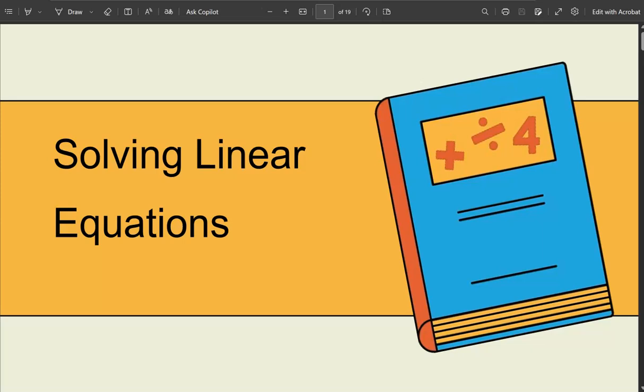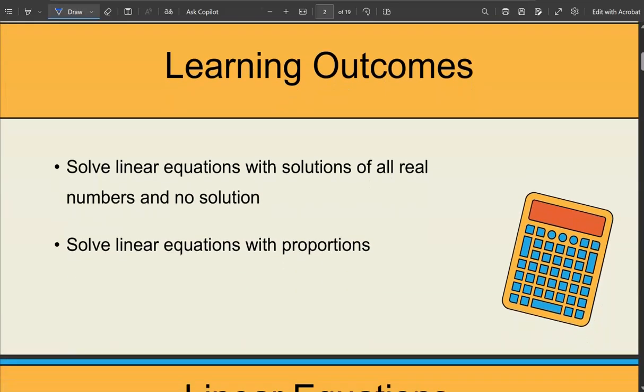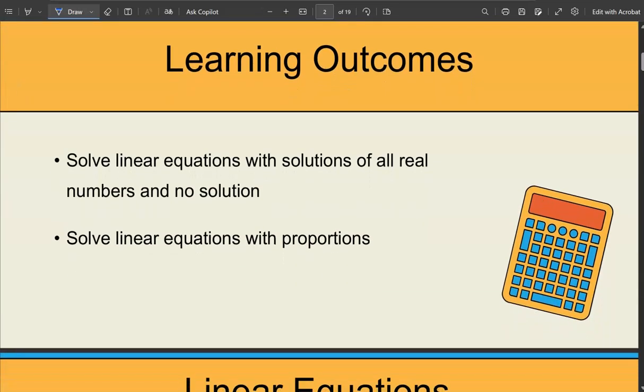Hey everybody, we're going to look at solving linear equations. This is actually going to be day 3 of solving linear equations. And so our learning outcomes today are going to be solving linear equations with solutions of all real numbers.